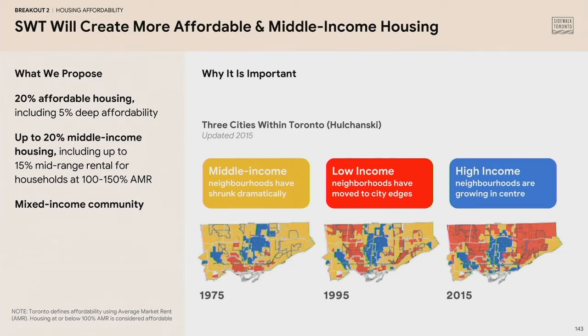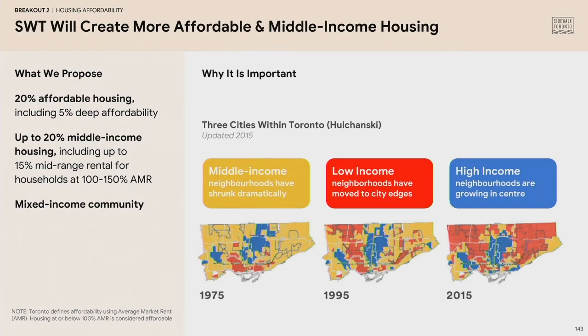Our program, somewhat uniquely, is going to try to address this shortage of housing for middle-income households. I want to give a quick overview, and we'll go into more detail. 40% of our program overall is below market, as Jesse mentioned in the plenary. 20% of that program is considered affordable by the official plan and City of Toronto government standards, which is based on average market rent.